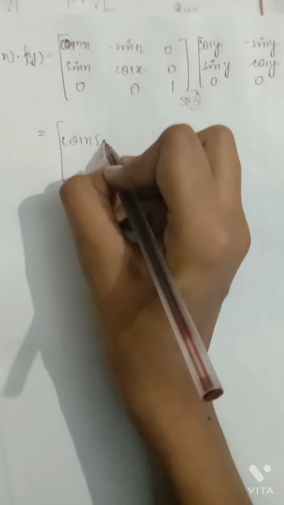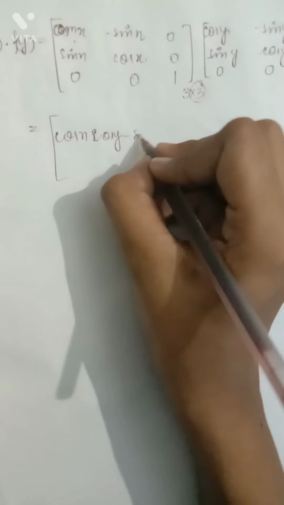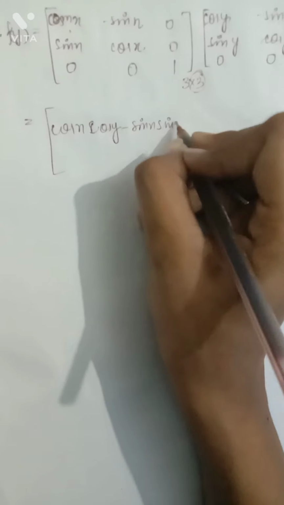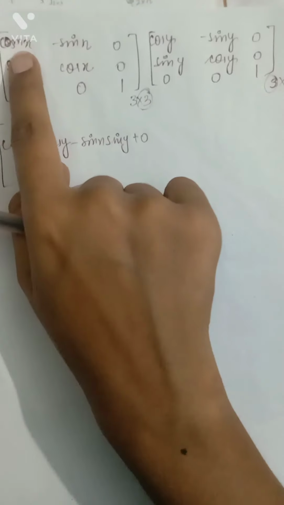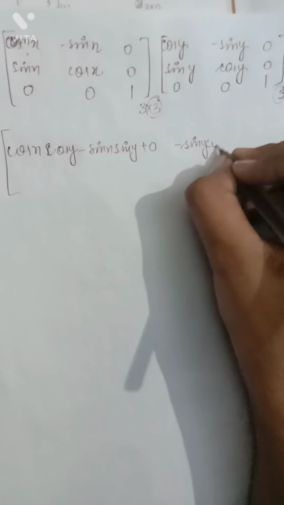So cos x into cos y is cos x cos y, and sin x into sin y is minus sin x sin y plus 0. Again we will multiply with the second column: cos x into sin y, this is negative sin x into cos y.